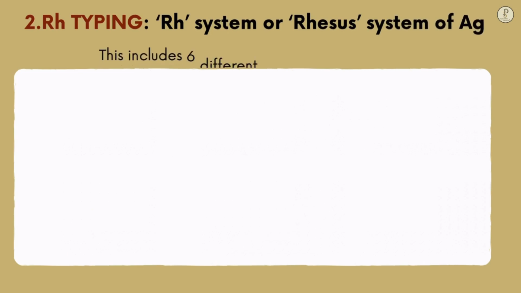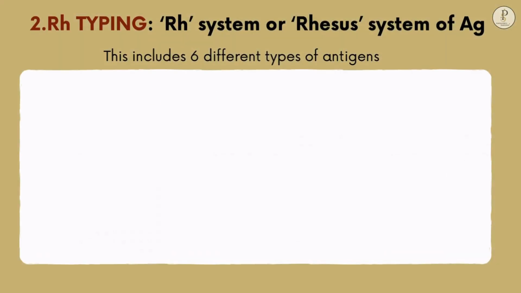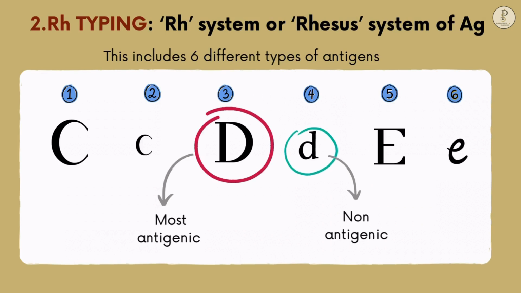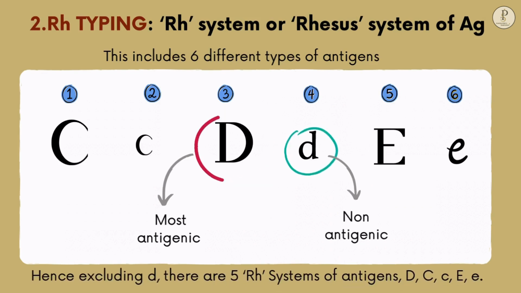Rh typing. The Rh or rhesus system of antigens includes 6 different types of antigens: capital C, small c, capital D, small d, capital E, small e, out of which capital D is the most antigenic and small d is non-antigenic. So excluding small d, there are 5 Rh system antigens: capital D, capital C, small c, capital E, small e.